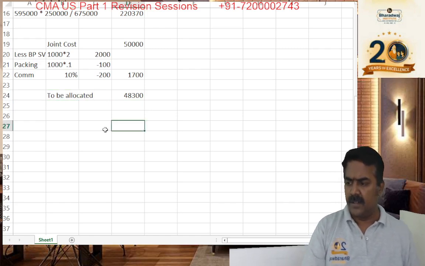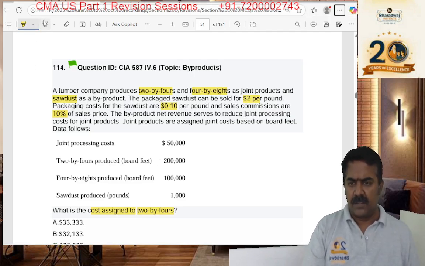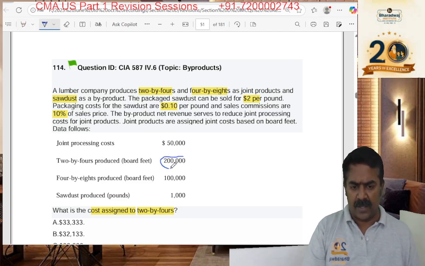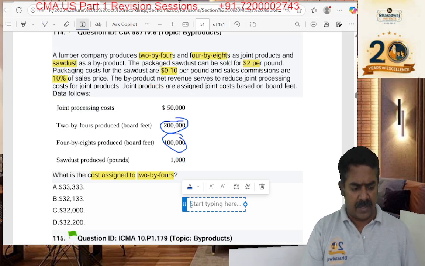To be allocated. Look at the quantities: 2 by 4 is 2 lakh, 4 by 8 is 1 lakh. If you look at the ratio, it is 2 to 1. So it will be 48,300 into 2/3. Option D, sir.